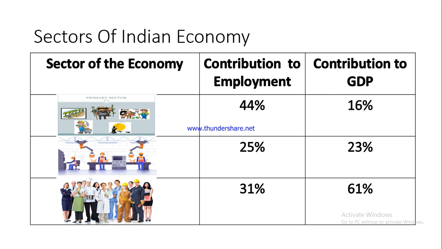And that is why most of the farmers in India find it really difficult to make ends meet. So this is another issue which is being caused by this unequal contribution to the GDP.